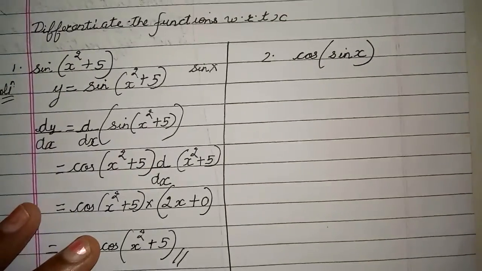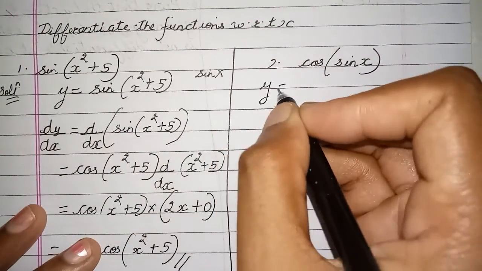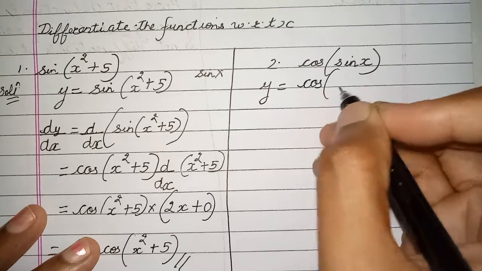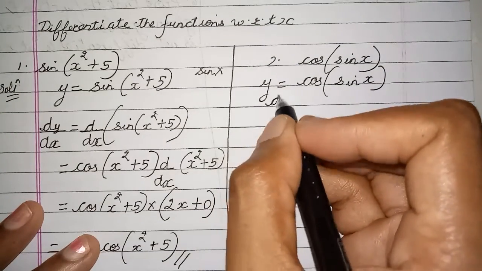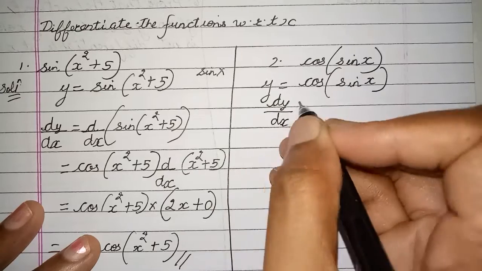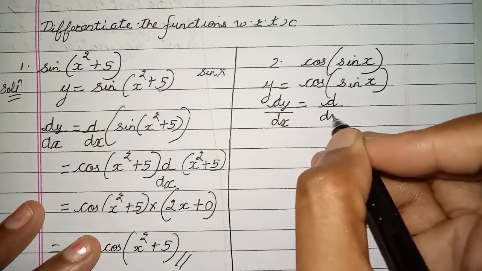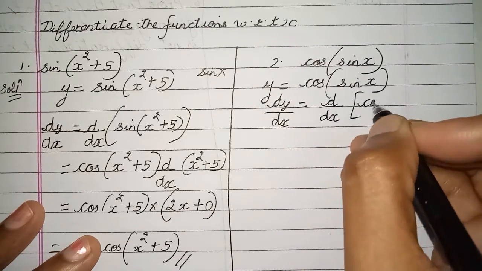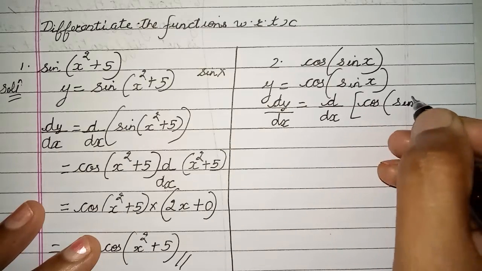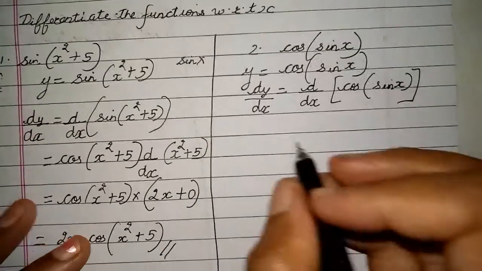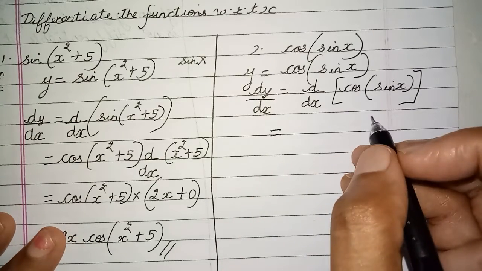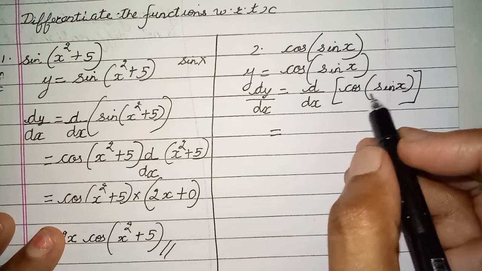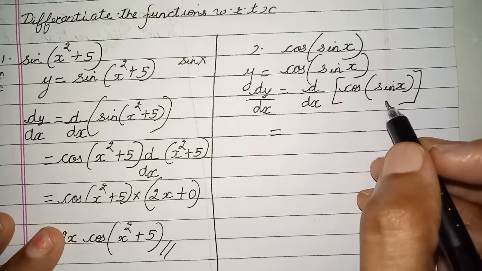Same way, next one. Let us name it as y equal to cos of sine of x. Now you have to take the differentiation, so dy by dx is d by dx of cos of sine of x. Again this is not in the standard form, but because of the uv rule, the product rule or chain rule, we can take the derivative of the function which is not in the standard form.